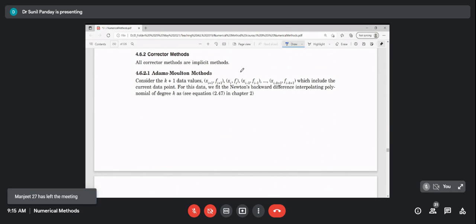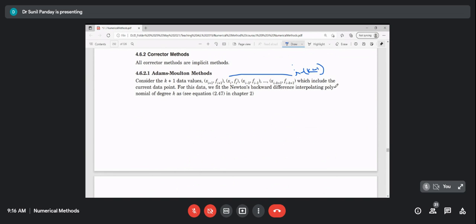So if you remember, in the Adams-Bashforth method we are considering only k points, going from xi to xi minus k minus 1, this point.